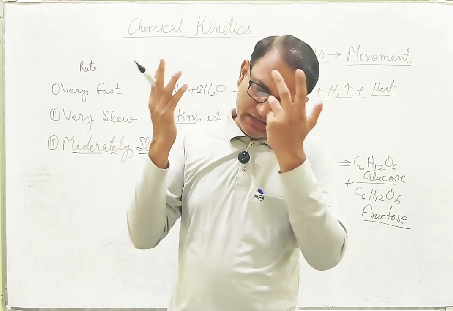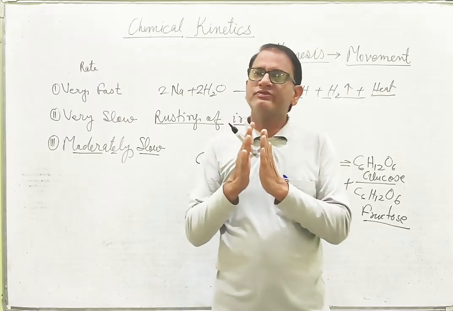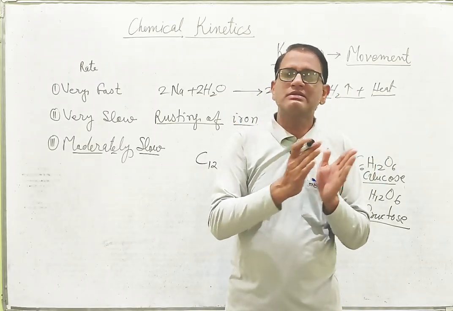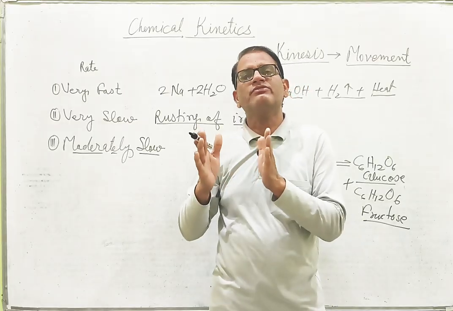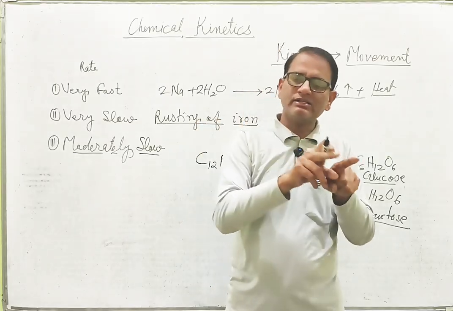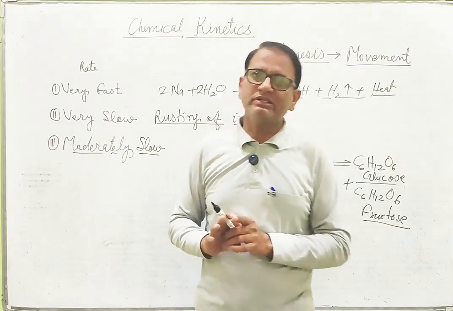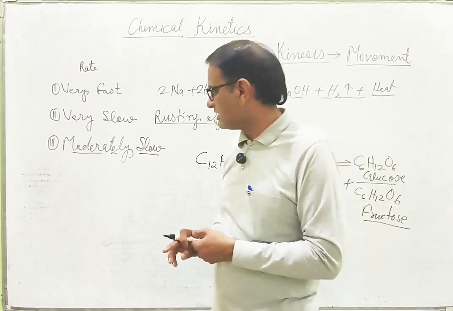Another definition, in terms of product, is the increase in concentration of any one of the products with time. That is also called rate of reaction. So how can we write it?